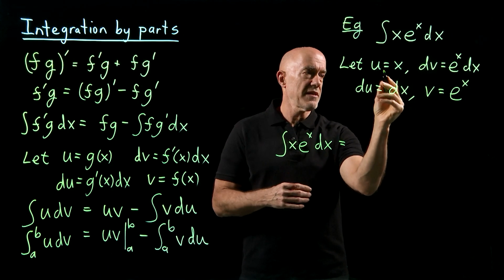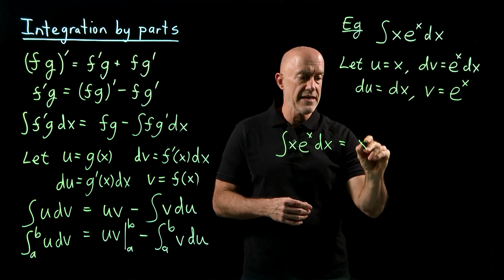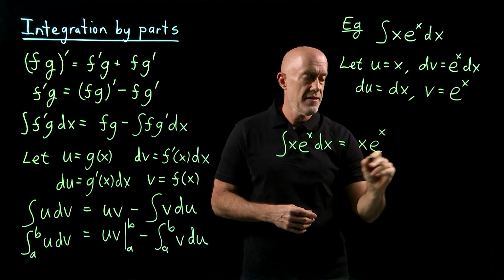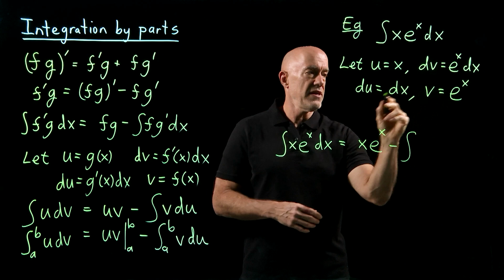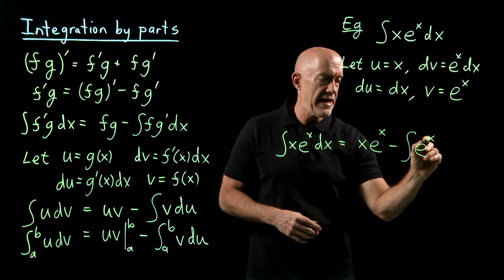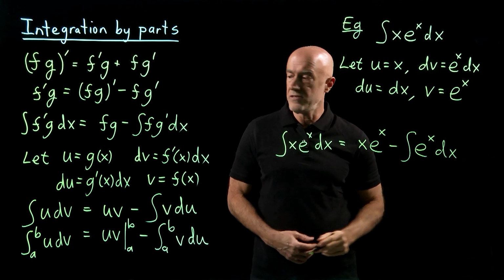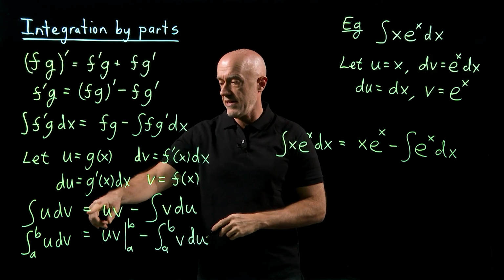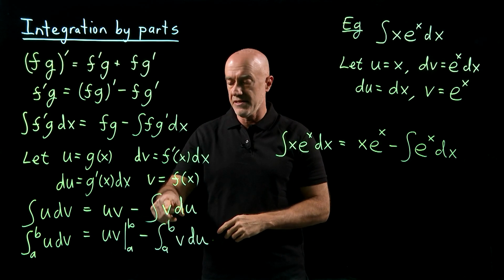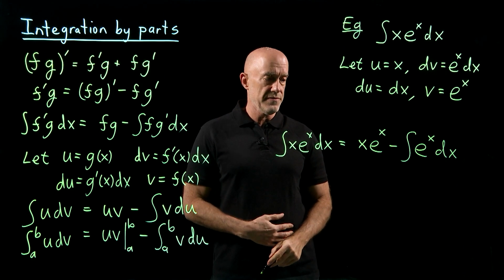So here we can just substitute uv. So it's x e to the x minus the integral of v du. V du is e to the x dx. Okay, so we just apply directly the integral of u dv equals uv minus the integral of v du.